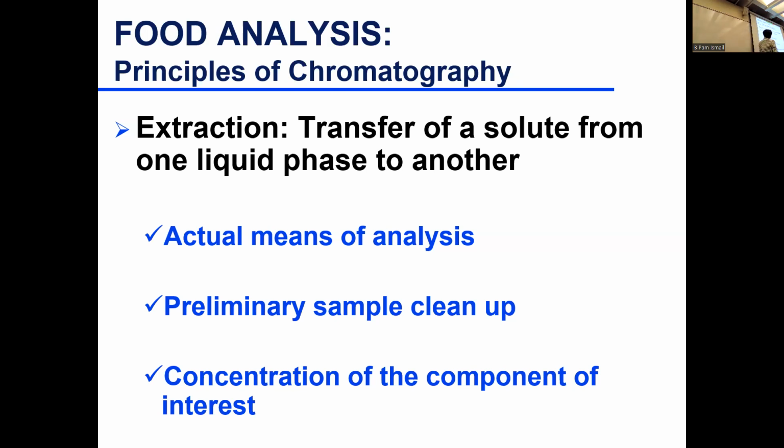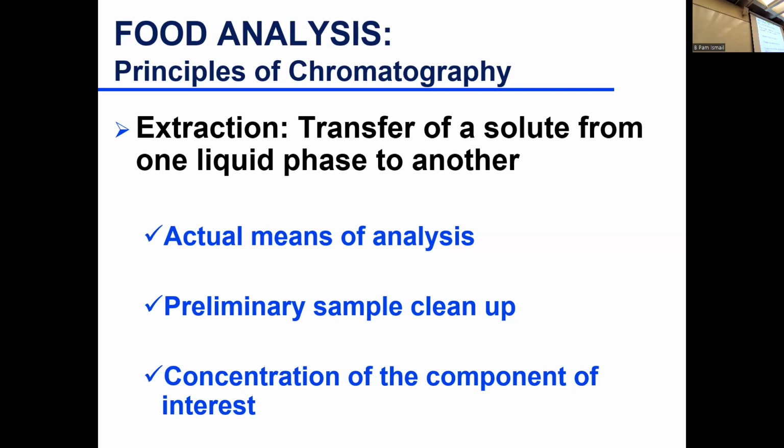One purpose is the actual means of analysis. A very perfect example that you will be doing in the lab is fat extraction to determine the fat content using organic solvents. So you will be doing two methods, one we call Soxhlet, another we call Mojonnier in French, or just Mojo as a name.